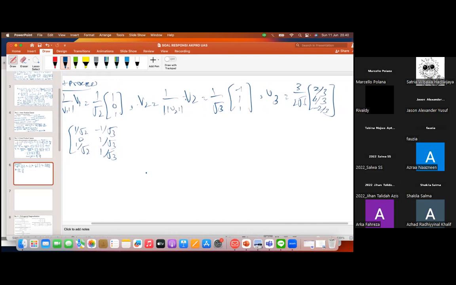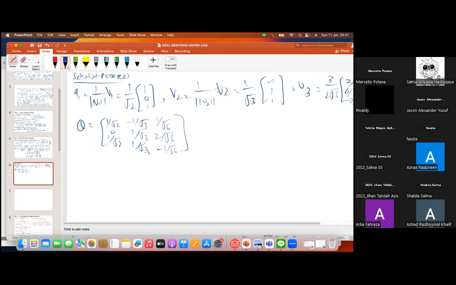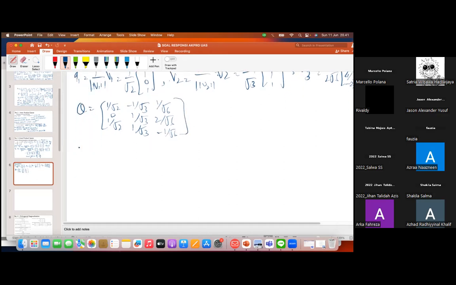And the final result, Q3, is 1 over root 6, 2 over root 6, minus 1 over root 6. So that's your Q.